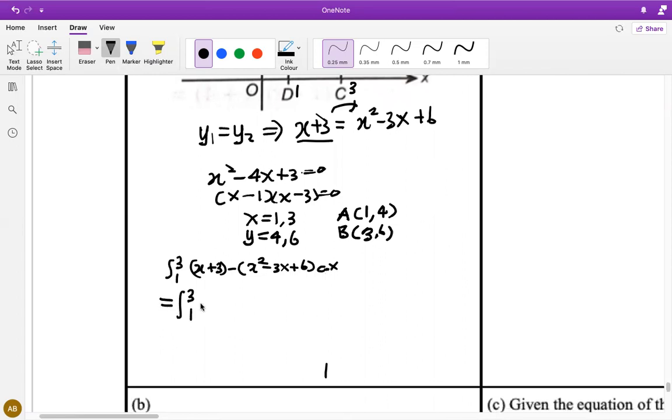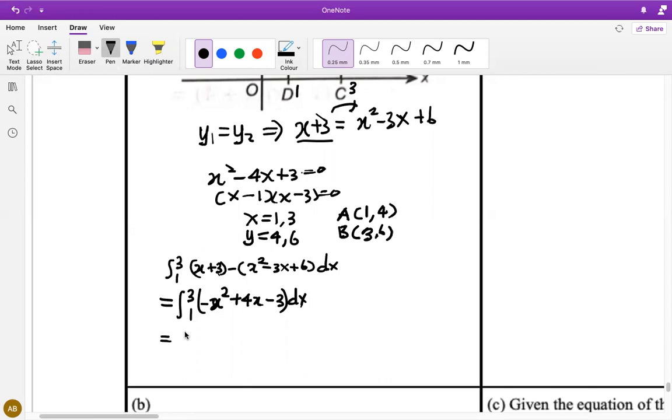You simplify, and you get negative x squared plus 4x, and then 3 minus 6, which is minus 3, dx.